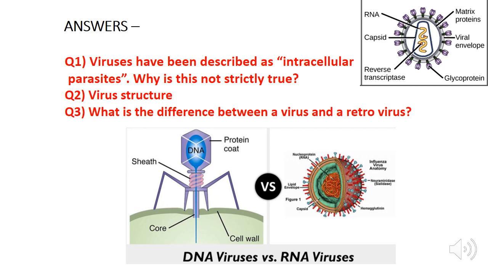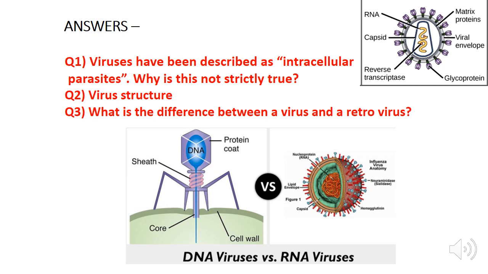For virus structure, you've hopefully drawn something like this, and so in the top right, you've labelled the genetic material as either DNA or RNA. You've got a protein coat, capsid, and you've got your glycoproteins on the outside.